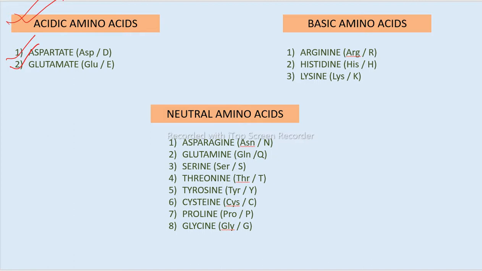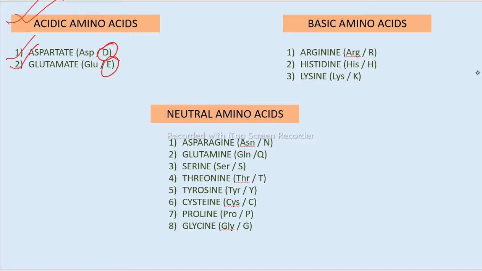Aspartate, there is a D sound coming from it, so it's D in short form. If you remember the short names also, you can recapitulate all the names under every category. And glutamate, there is an E sound, so it's E. DE, you just make a short form, DE. That is, aspartate and glutamate. DE is for acidic amino acids.